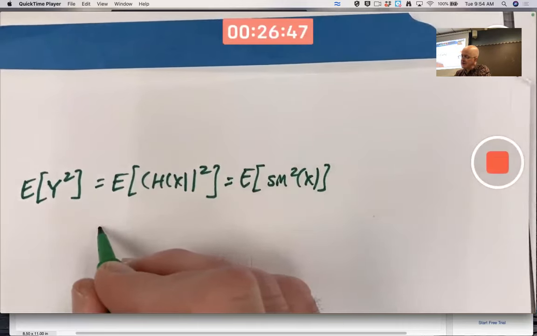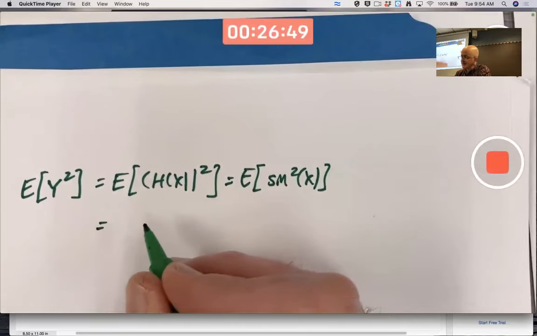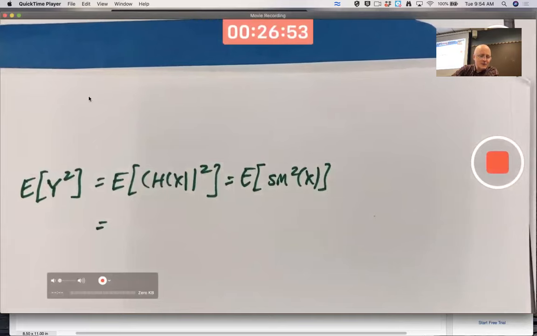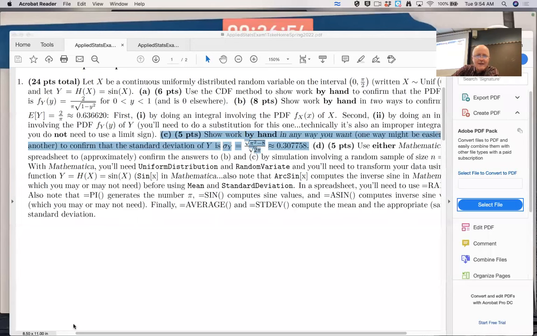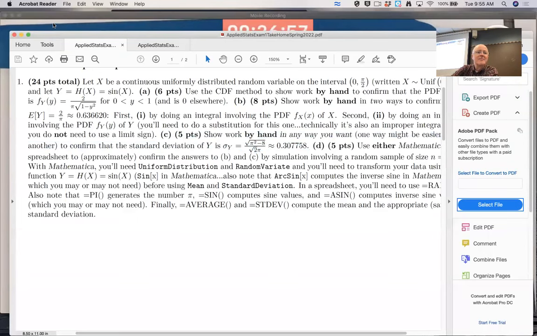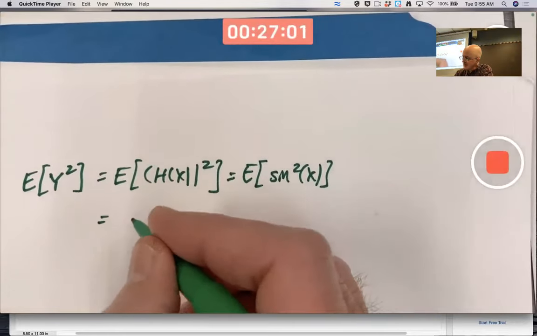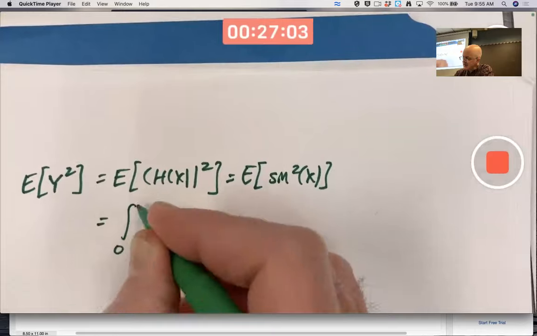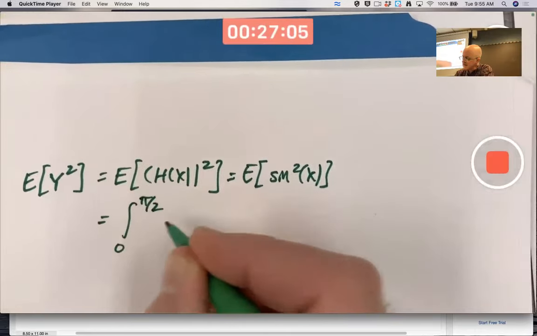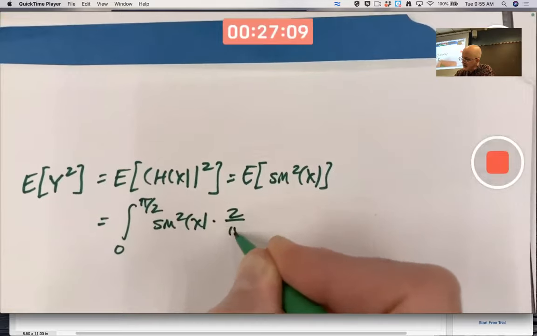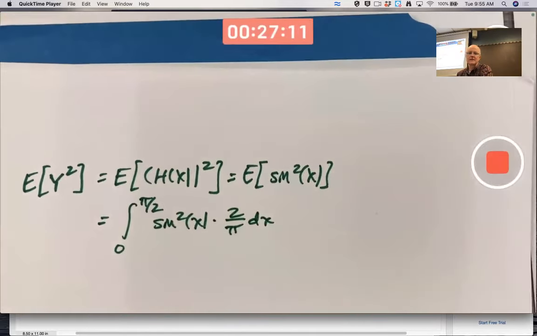If you use the table or use Mathematica to do that integral, it's okay to a certain degree. Did I say by hand? I did say by hand. The integral ends up being the integral from 0 to pi over 2 of sine squared x times 2 over pi dx.